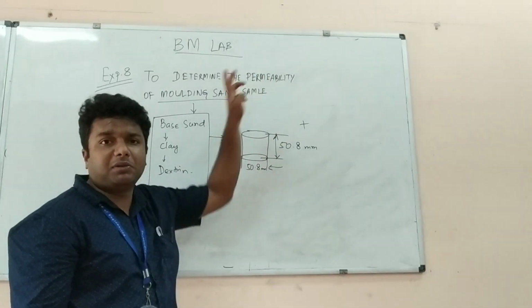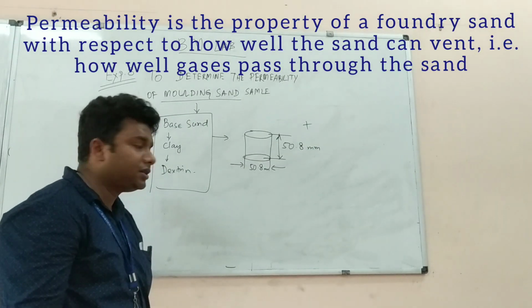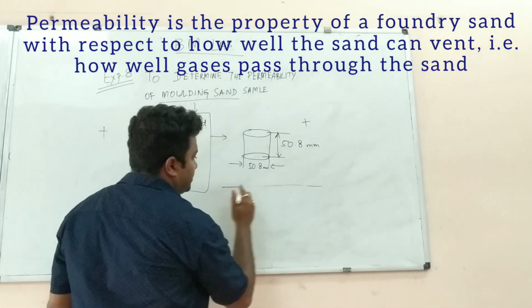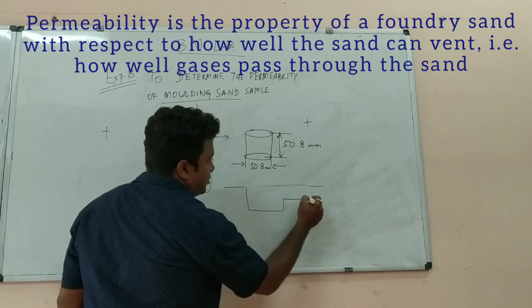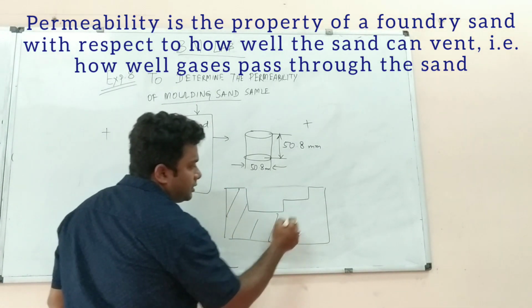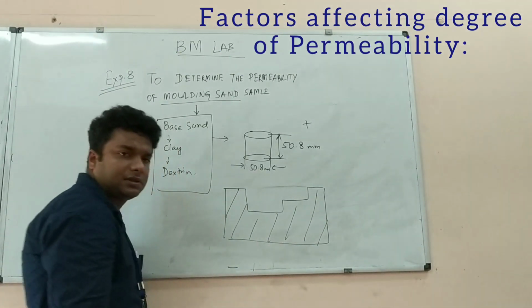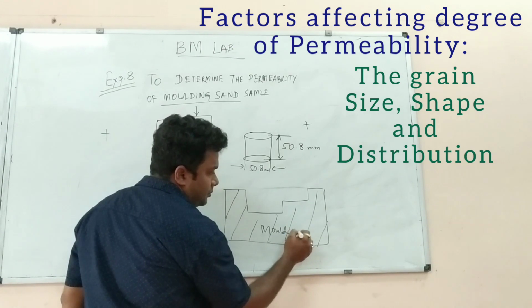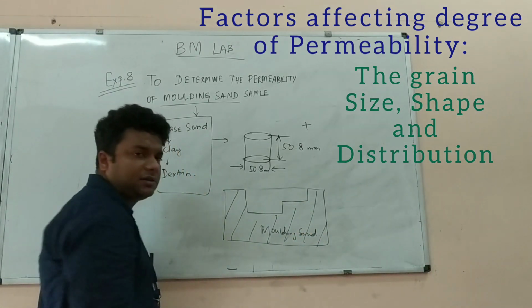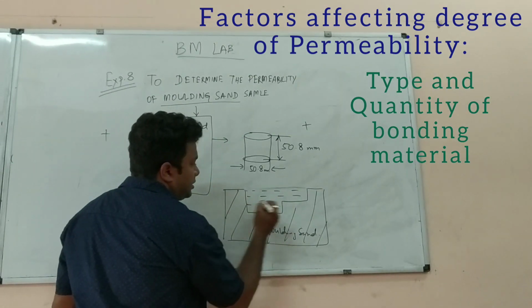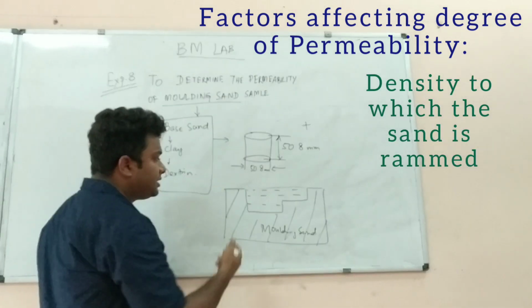Now, why is this permeability check required? Because you know that suppose if this is the casting, if this is the mold cavity, the rest of the part is filled with molding sand. And when you fill this casting with liquid metal, this liquid metal will generate gases.